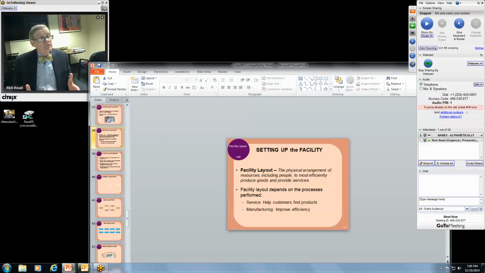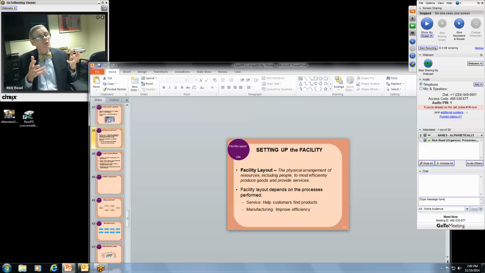Well, you have to set the facility up, and the facility has to be user-friendly. What I mean by user-friendly here is user-friendly for the employee. The employee has to have some economies. I mentioned before, you don't want them to walk across the room if they don't have to. So it has to promote efficiency and let people work at peak efficiency.